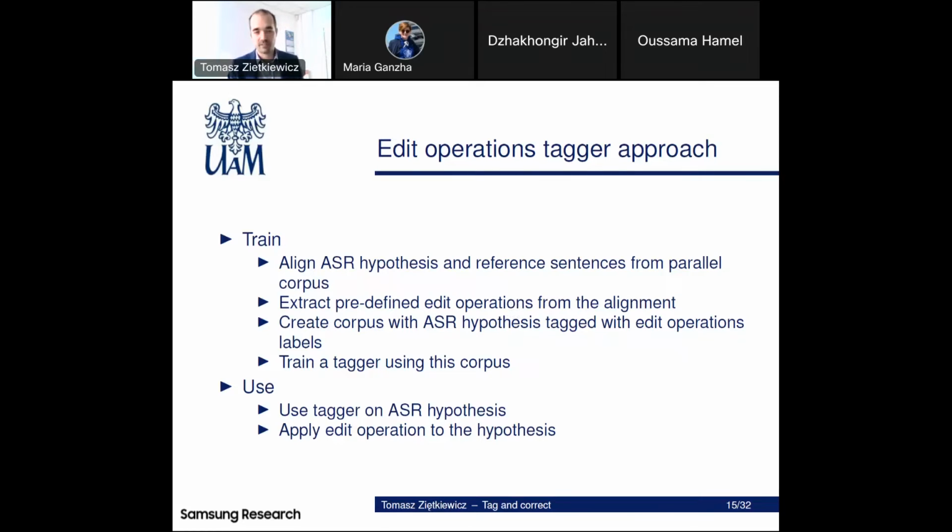I will show an example in a minute. And this way we create a corpus of ASR hypotheses tagged with these edit operations. And on this corpus, we can train a tagger model, which is then used in production to tag incoming ASR hypotheses. When we have these hypotheses tagged with the operation labels, we can apply them to fix the errors.